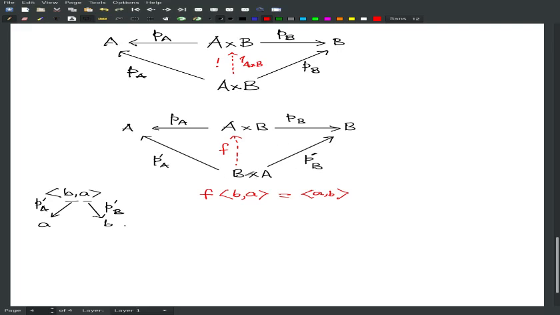And this I can see, PA composed F is obviously PA prime, and PB composed F is PB prime.